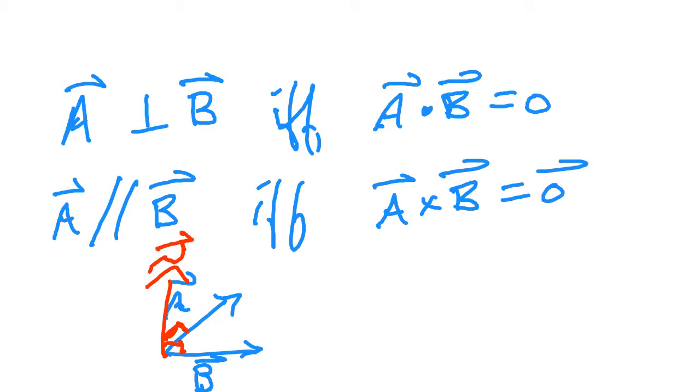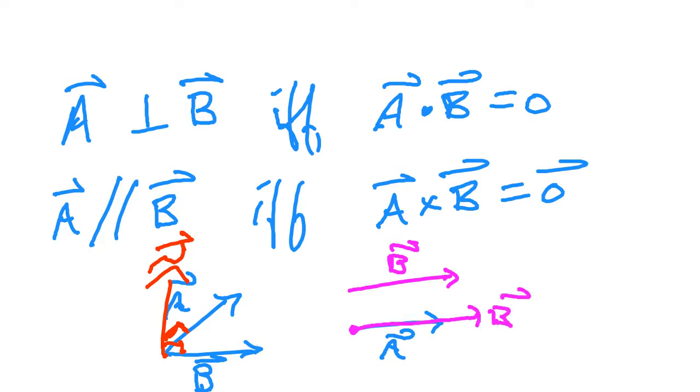However, if a vector is here and b vector, I'll use a different color, is here, and they're parallel to each other, let's just start them at the same point. So I'm going to bring my b vector down here, so I can shift the position.